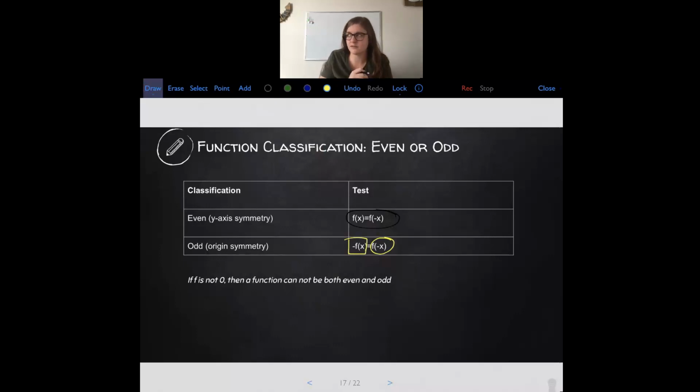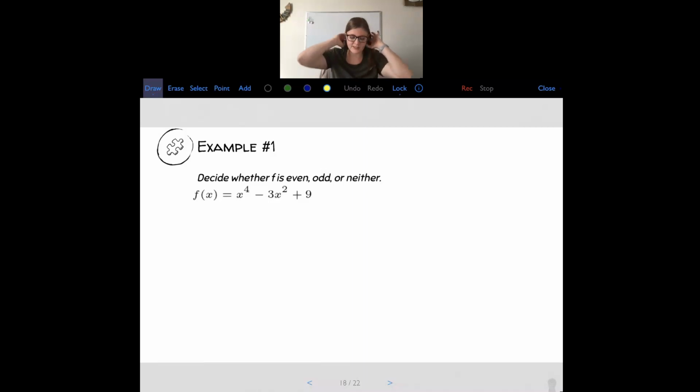I'll show you what that looks like as we go through the examples. And just a note, if f is not 0, then a function cannot be both even and odd. So if you find a function is even, you can stop there. You don't have to see if it's odd. It can't be.